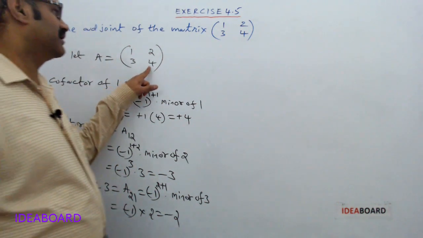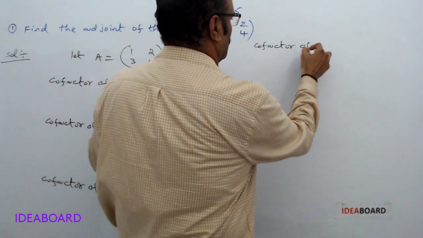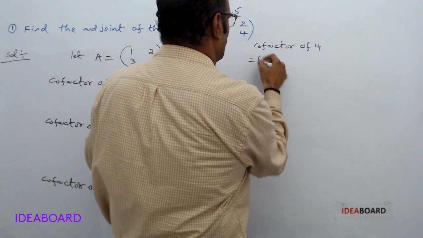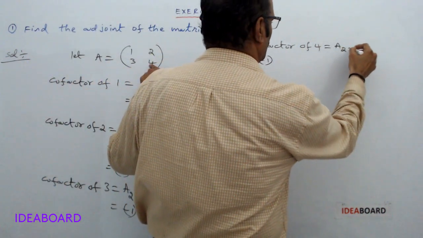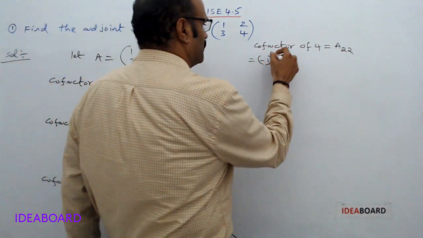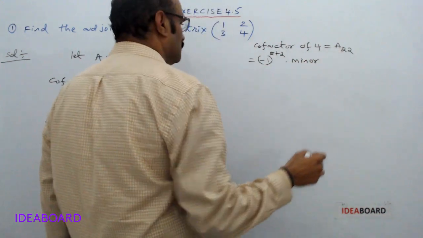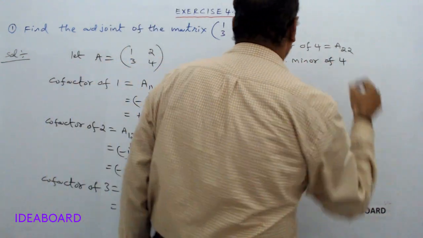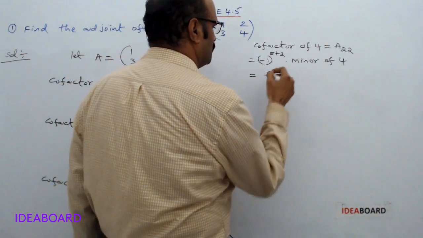Next, cofactor of 4, denoted by A22, equal to minus 1 whole power 2 plus 2 into minor of 4, equal to minus 1 whole power 4, plus 1 into minor of 4.